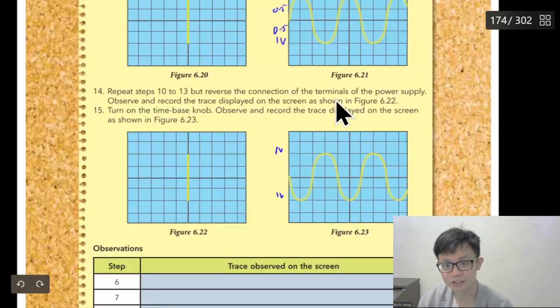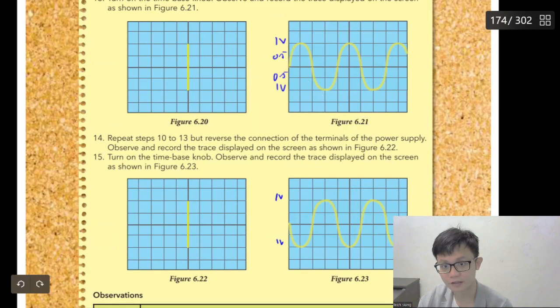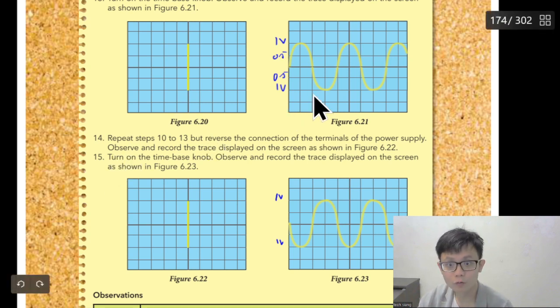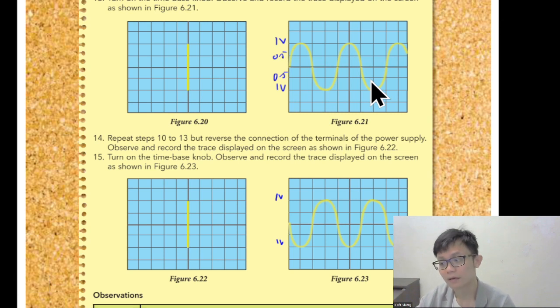This picture, figure 13 and 14. First inference and second inference. So we can say that the voltage keeps on changing up and down, showing that it is alternating current.